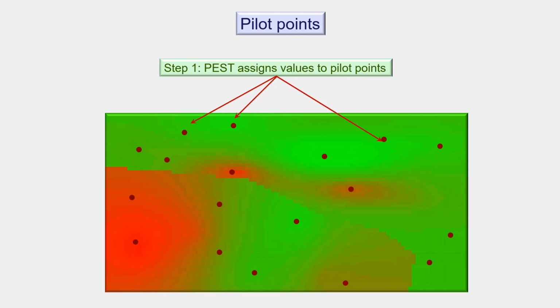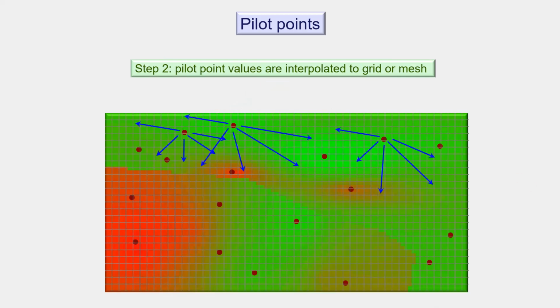Now, the process of calibrating a model or of parameterizing a model using pilot points is actually a two-step process. Firstly, PEST assigns values to the pilot points. That's the first step. The second step is that interpolation takes place from those pilot points to the model grid or mesh. That grid can be structured or it can be unstructured. It doesn't matter.